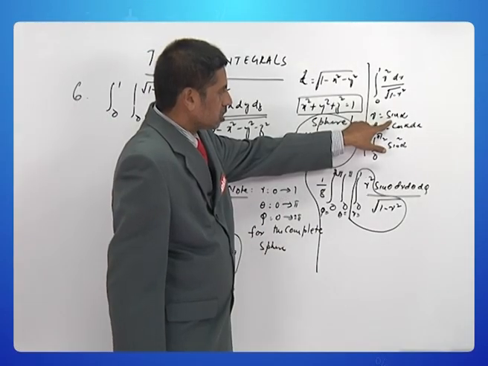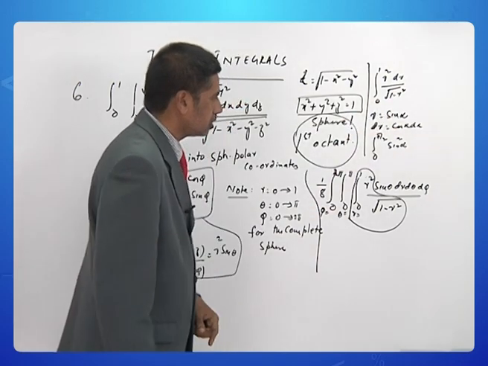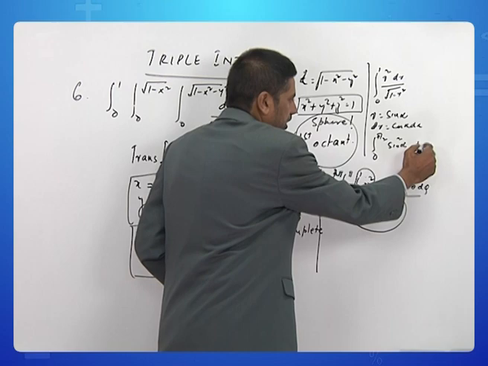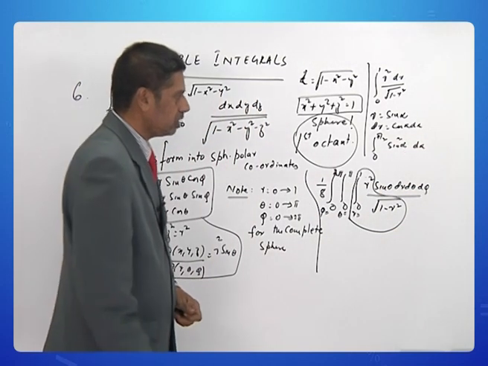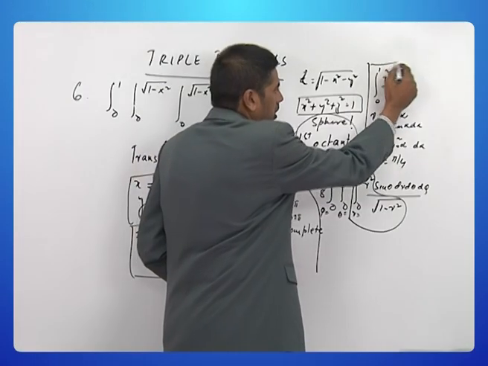Square root of that becomes cos alpha, and that cos alpha cancels with the cos alpha d alpha of the numerator. So you are left with just the integration of sin square alpha d alpha, and I hope you easily remember this result.